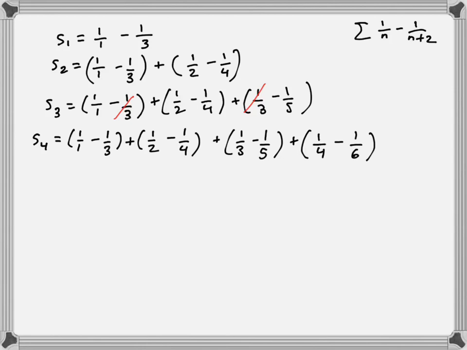What cancels? Well, the negative 1/3 and the positive 1/3 cancel. The negative 1/4 and the positive 1/4 cancel. So what were we left with? We were left with this guy, both positive, and this guy, both negative, and 4 terms canceled. Okay, I'm going to do another one. You do this many times until a pattern becomes very clear.